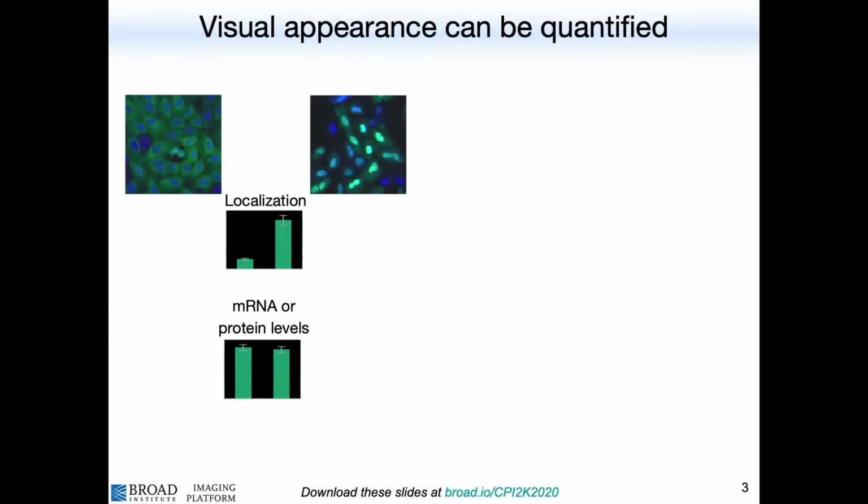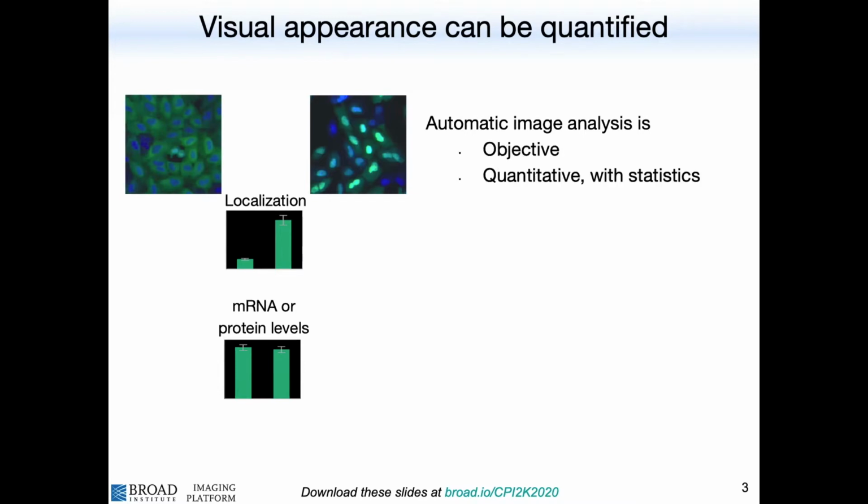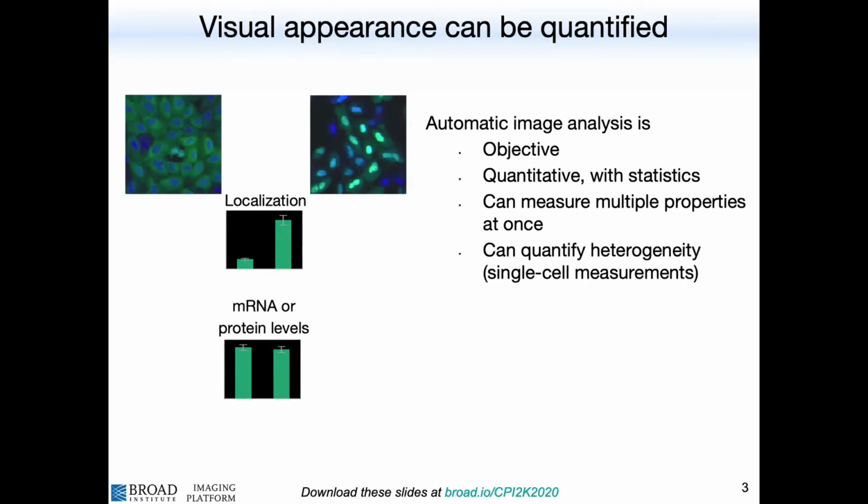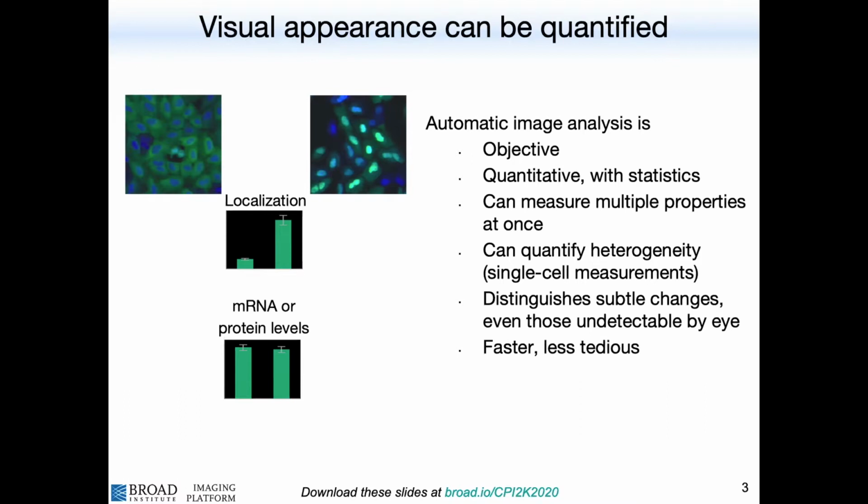But no one wants to sit down and analyze images individually one by one. So automatic image analysis, which is what we are trying to do here, is objective, quantitative, faster and less tedious. And you can do a lot better with your time than counting spots by hand or looking at cells and trying to pick up a phenotype by yourself.